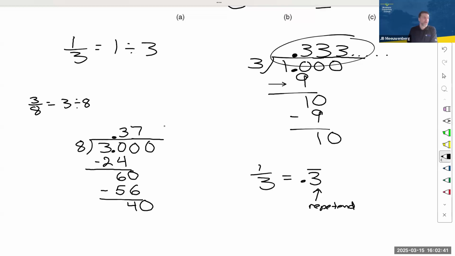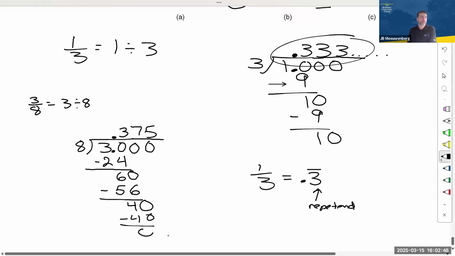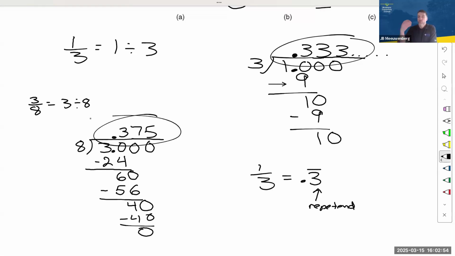Really, it's 40 thousandths. And 8 divides into that 5 times. And you'll notice here we have a remainder of 0. So sometimes we are able to get a nice, neat terminating decimal when we do long division. Sometimes we are not. And so you can see the difference between those two situations.